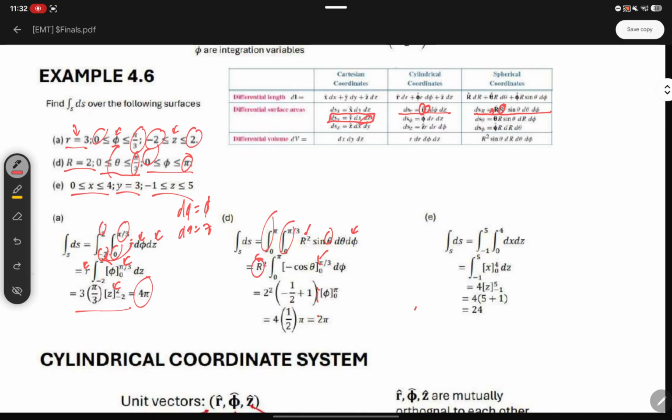In this case, we only have the hat, we don't have any y or dx in it, so this is how we write. dz is 5 to -1, dx is 4 to 0. If we integrate dx we only get x, if we integrate dz we only get z. So if we calculate everything, we'll get the answer. This is how you complete part 1 of the calculus chapter, and thank you.